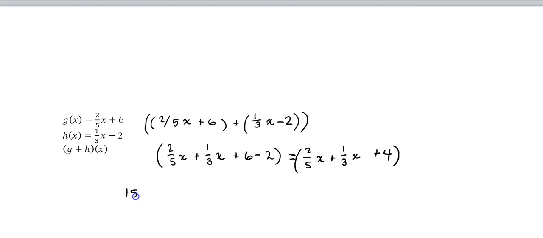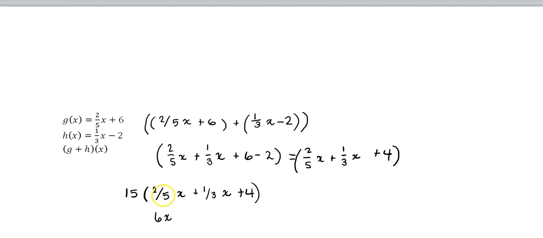So 15 times my 2/5 x and my 1/3 x plus 4. Alright, and so here, when I take my 15 and multiply it times there, I get a 30 divided by 5, which is going to give me a 6x, right?